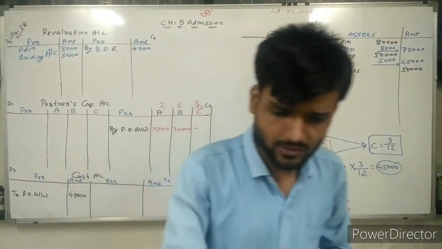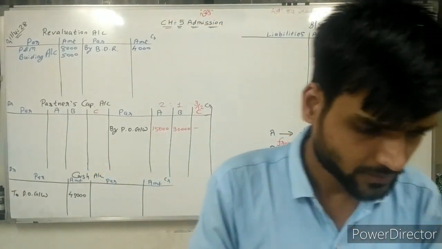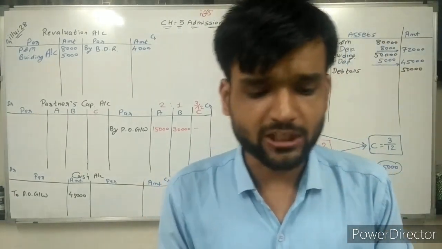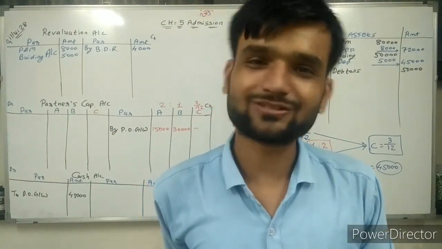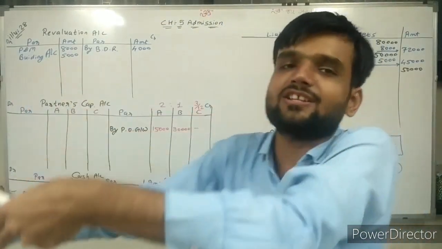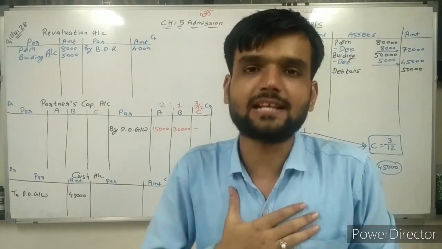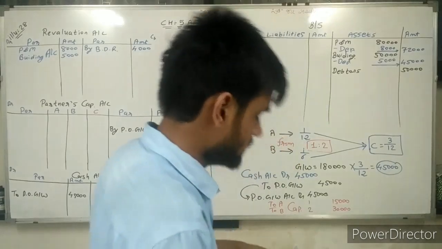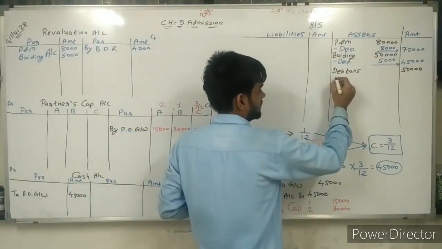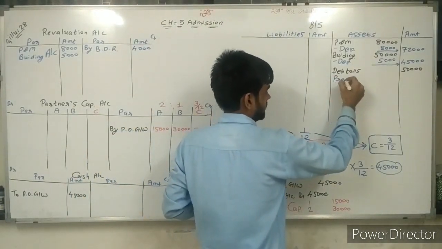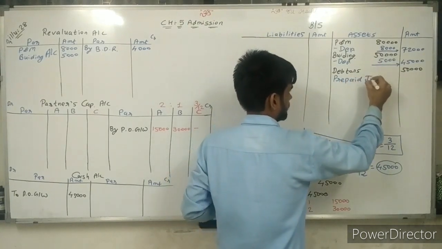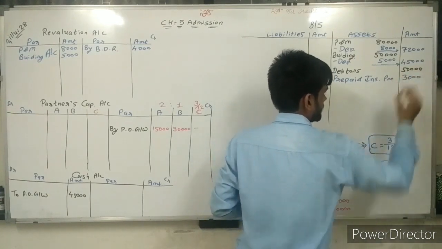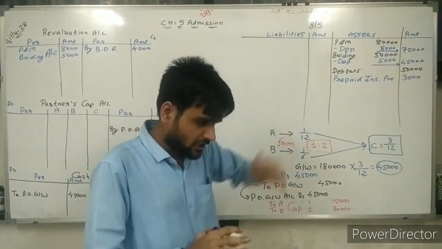Going ahead, next adjustment. Insurance premium of rupees 3,000 is to be carried forward to the next year. Now, sir, happy because next year's insurance premium is paid. That is my asset. Asset increase. That's why happy. So we are writing 3,000 prepaid insurance premium, because it is carried forward to next year.